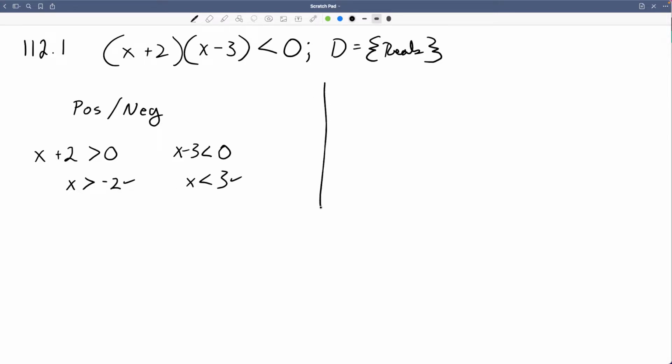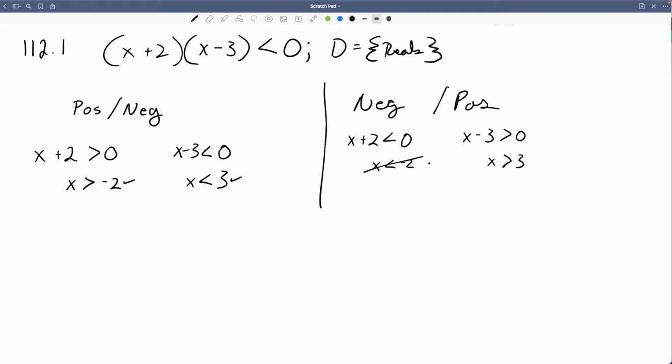Let's try the other side, where we have a negative and a positive. That would be x plus 2 less than 0, and x minus 3 greater than 0. When we solve that, we find that x is less than negative 2, and x is greater than a positive 3. Can a number that is less than negative 2 be greater than positive 3?